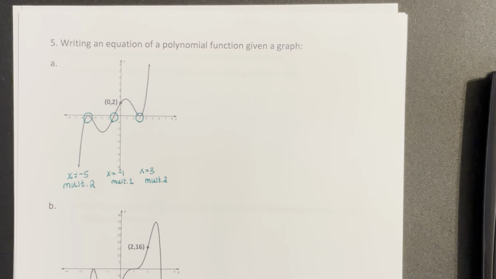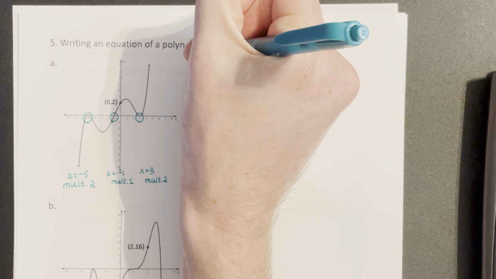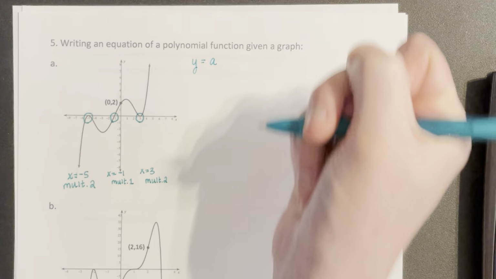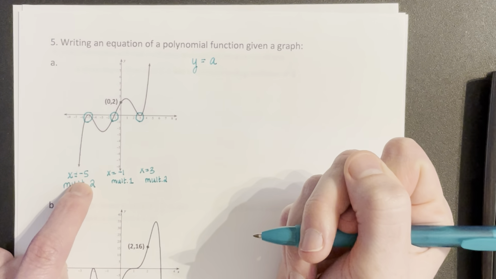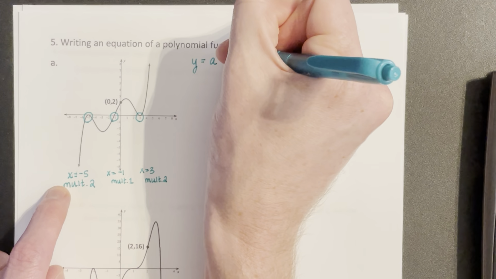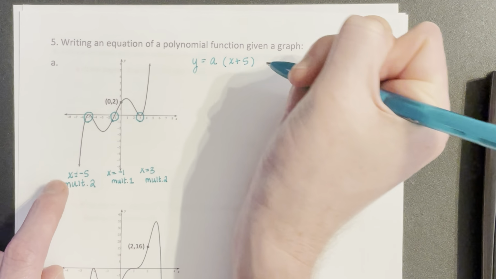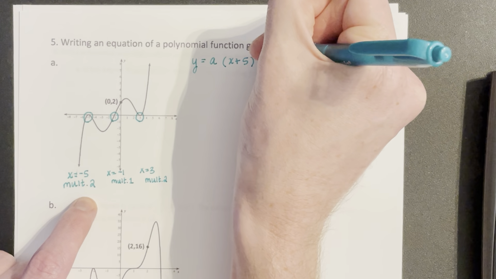Now if we take those zeros and turn them into factors, we would add the 5 to the other side to create a factor of x plus 5. But since it's a multiplicity of 2, we make that squared.